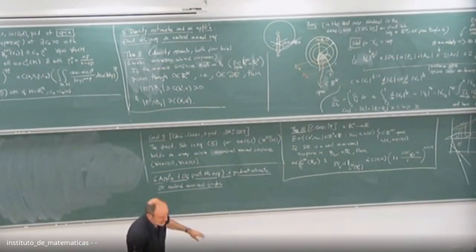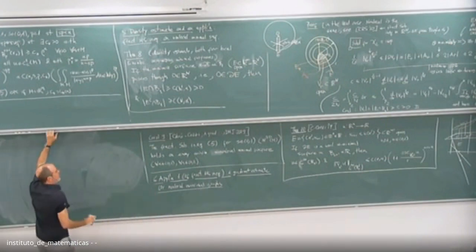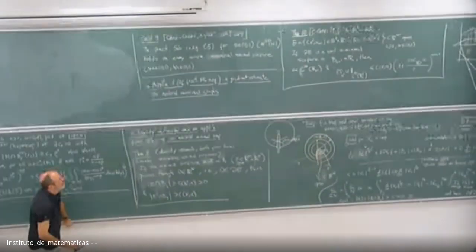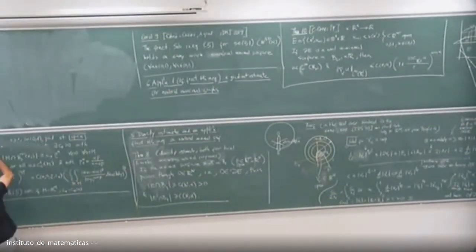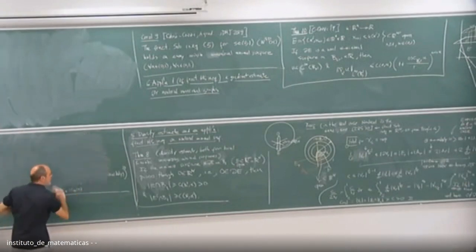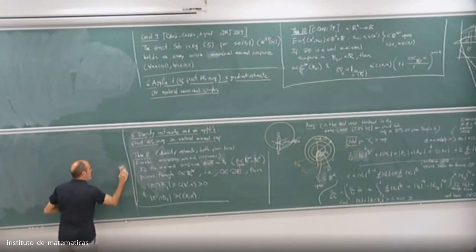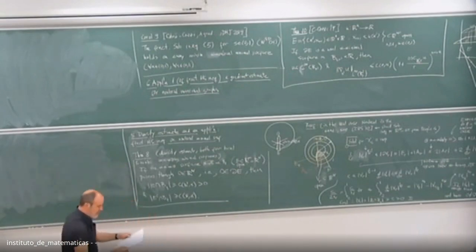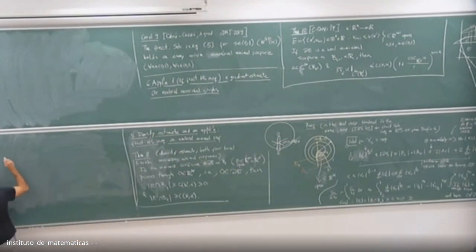So the smoothness of non-local minimal graphs was only known in dimensions n equals 1 and n equals 2, by results of Savin and Valdinoci, and Figalli. Two papers, they put them together.